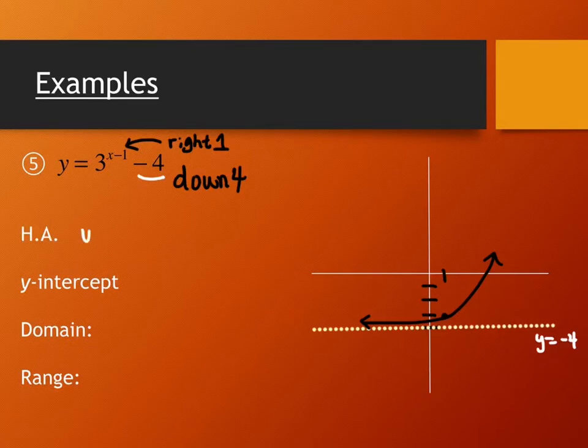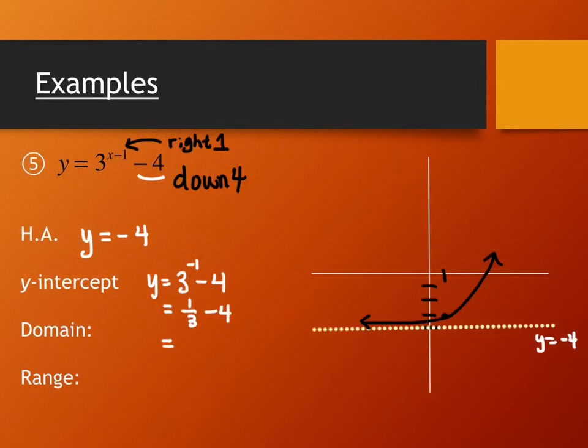Horizontal asymptote is not bad. That one's simply going to be the asymptote that we just plotted, which was y equals -4. The y-intercept is letting x equal 0, right? So if x is equal to 0, I have y equals 3 to the -1, because it's 0 minus 1, and then -4. Well, that's 1/3 minus 4.